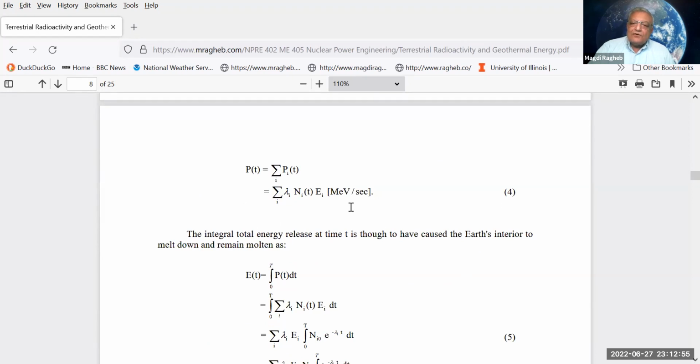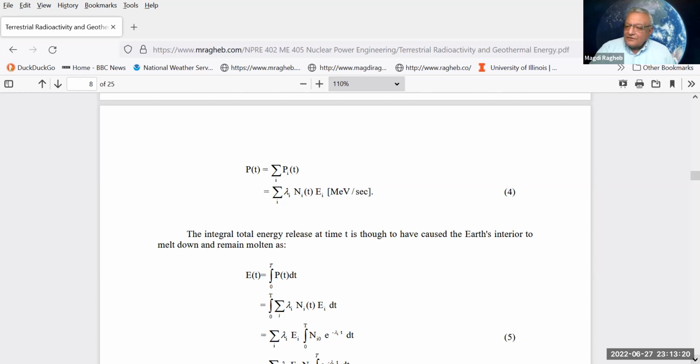If you sum over all the isotopes here, you can get the total power generated in the Earth's crust. And you'll find that the total energy release would be the integral over time of P(t) dt, from the time when the Earth was created up till now.